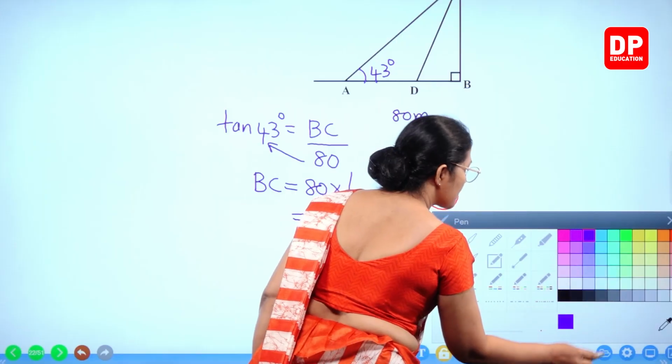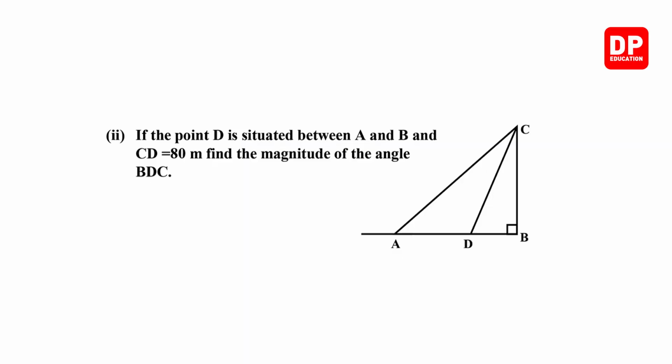Then let's do the next one. If the point D is situated between A and B and CD equals 80 meters. This length is 80 meters and this was 43.